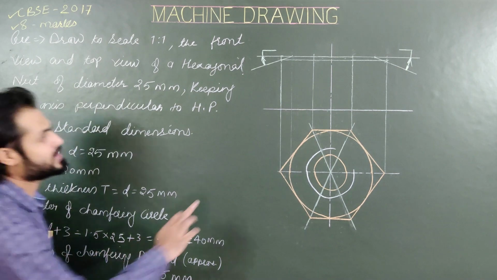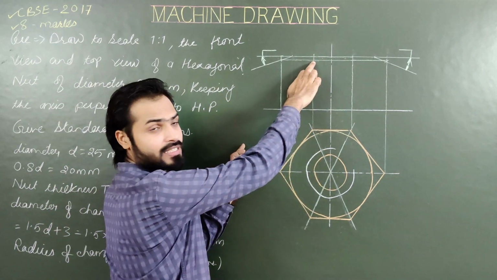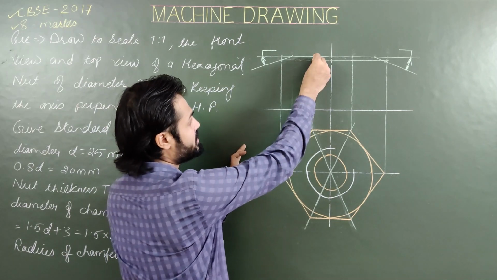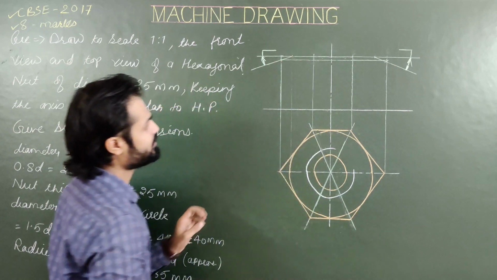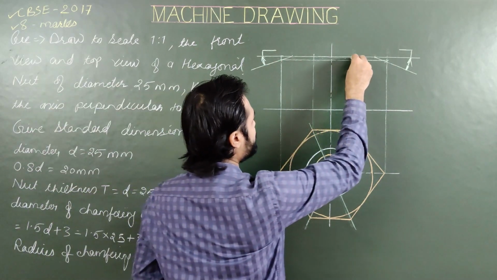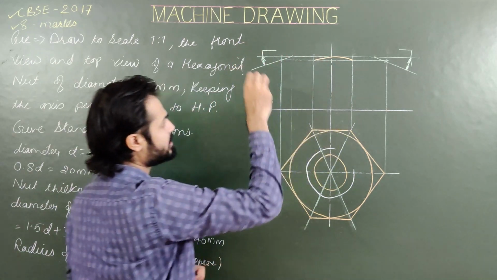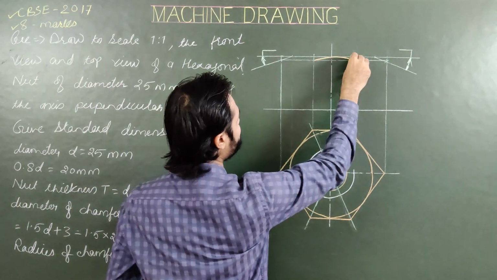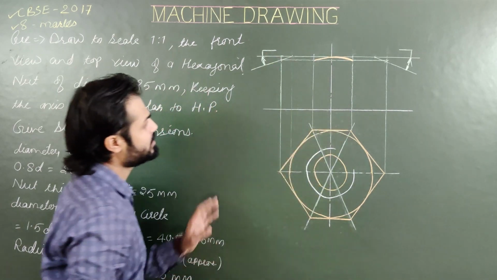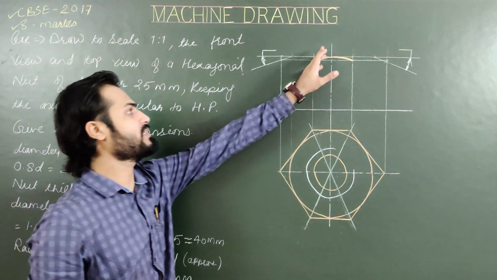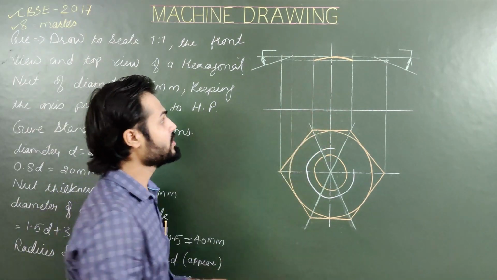Now first try to draw the central arc. These are 3 limits. First limit, this point is the first limit, third limit, and second limit. So what to do? Draw a smooth arc passing through these 3 points like this by any appropriate method. Any appropriate method means this is your central axis.